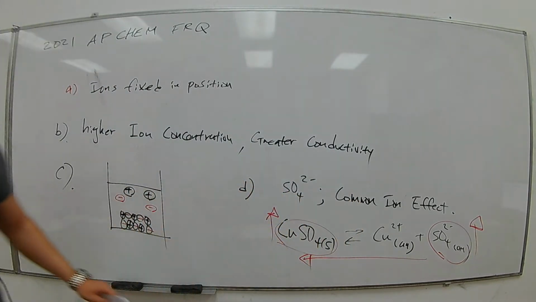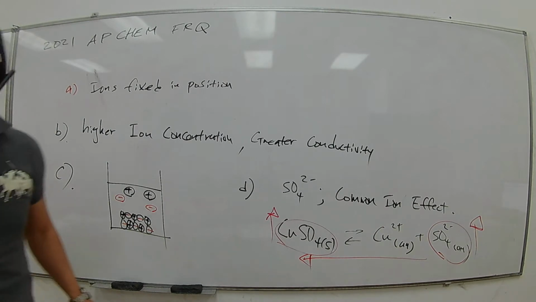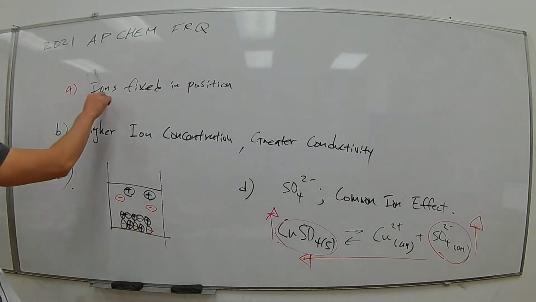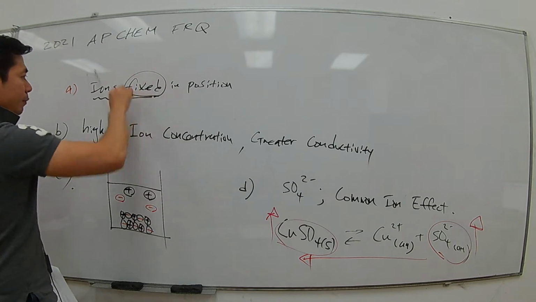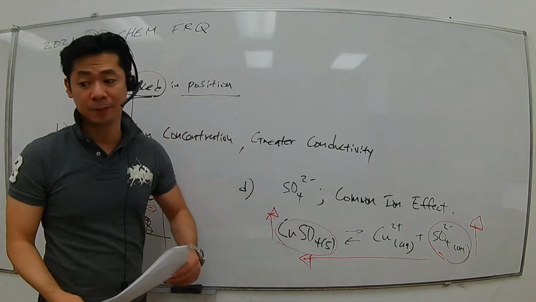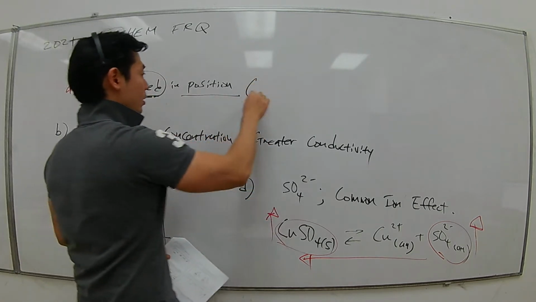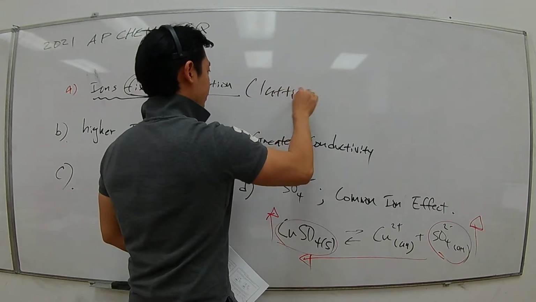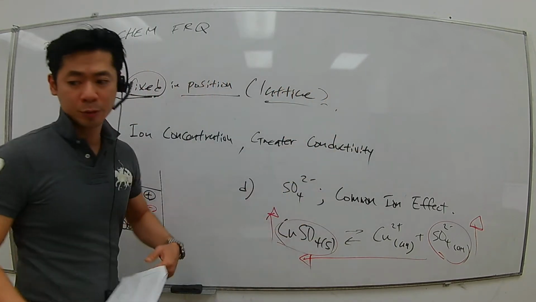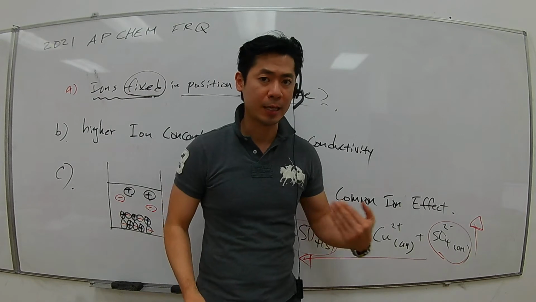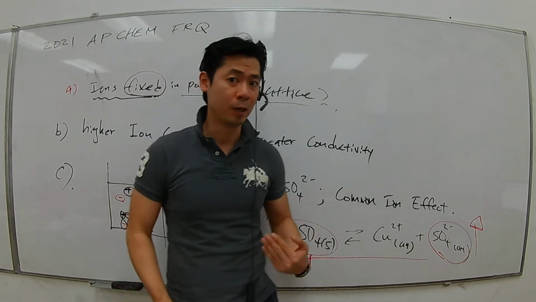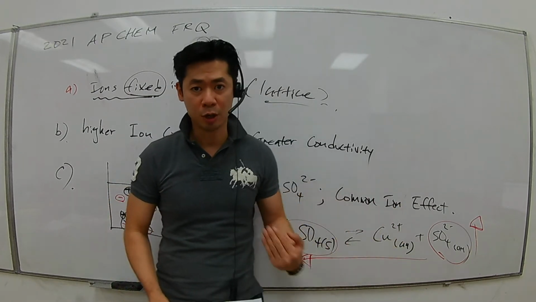So as an ionic compound, as you know, the ions are fixed in their specific position. That's what we call a lattice. In order to be conductive, they have to have mobile charged particles.